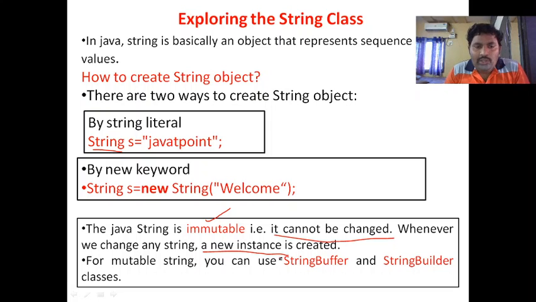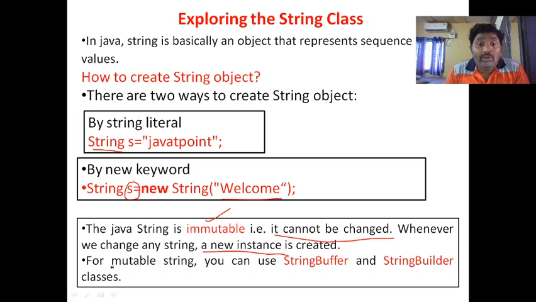I told you String is a class, and for that we are creating an object. Within this s object, we are storing the value welcome. This welcome stored in s cannot be changed. That's why strings are called immutable. If you try to change it, another object is created, and the already created object will not be changed.